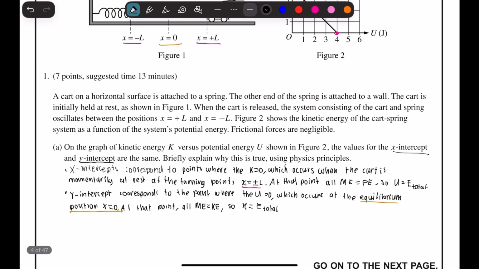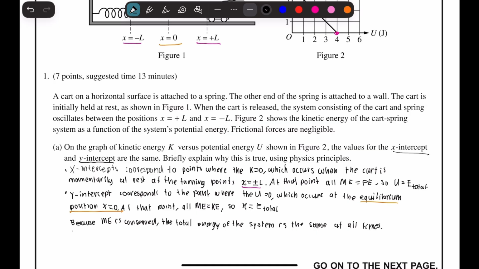Now, what we can say is that because mechanical energy is conserved, the total energy of the system is the same at all times.